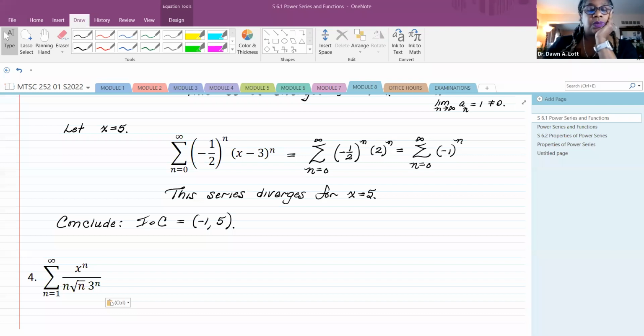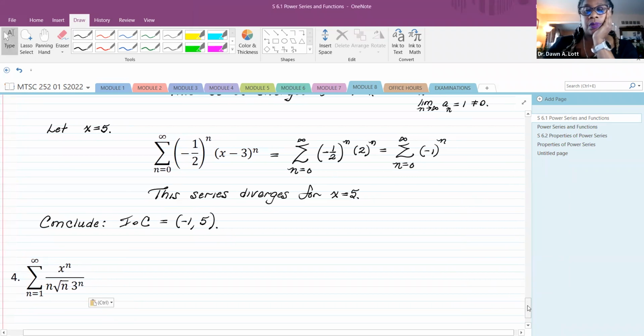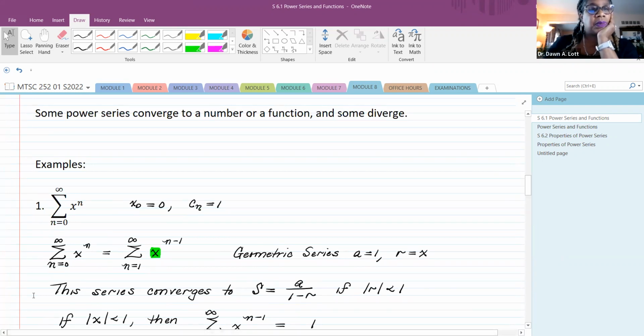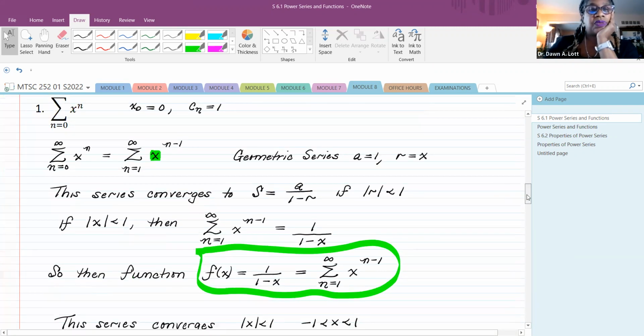Okay, so let's do a quick review. For this first series, we had the summation n equals 0 to infinity of x to the n. We said it was a geometric series.